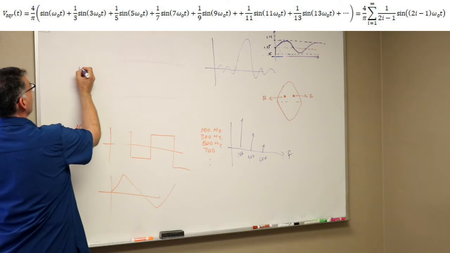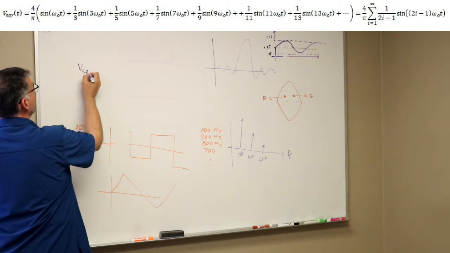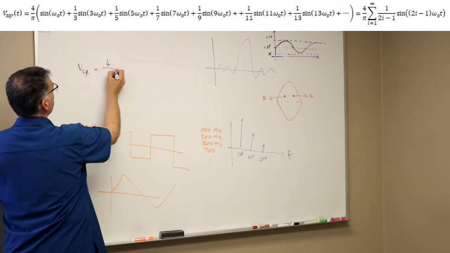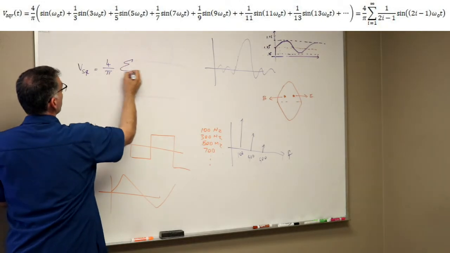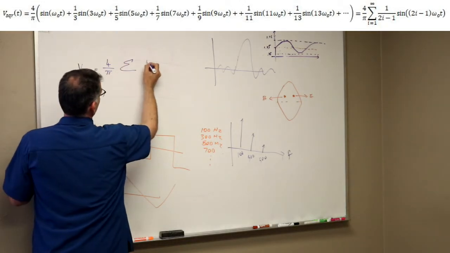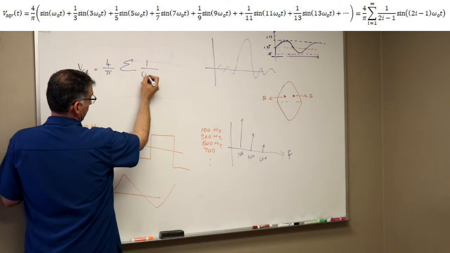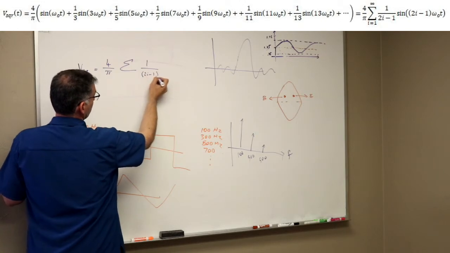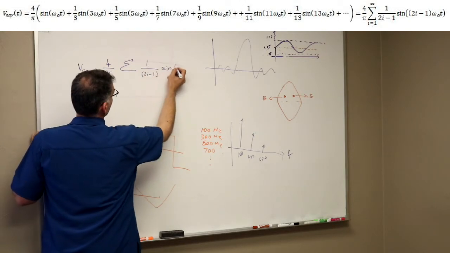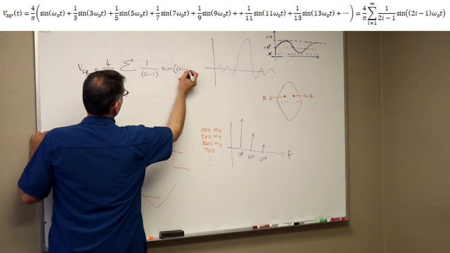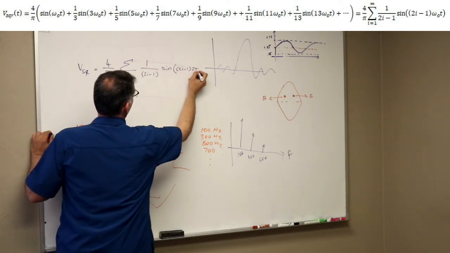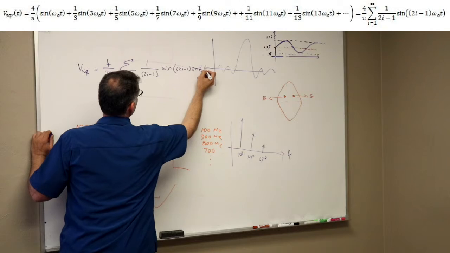So I can show the square wave as 4 over pi times the sum of the magnitude 1 over 2i minus 1 times sine of 2i minus 1 times 2 pi f naught t.